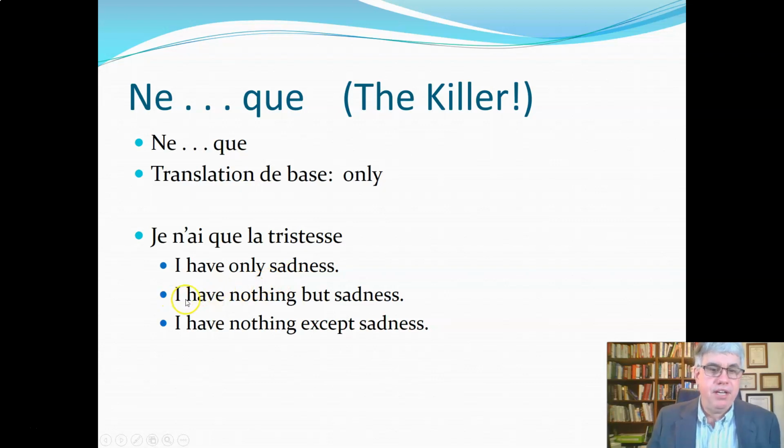But if I say I have nothing but sadness, yeah, that sounds like a negative expression. I have nothing except sadness. So that's how ne and que can be a negative expression if you translate it as nothing but or nothing except. You can almost always translate as nothing but or nothing except, but sometimes only just sounds a lot better.